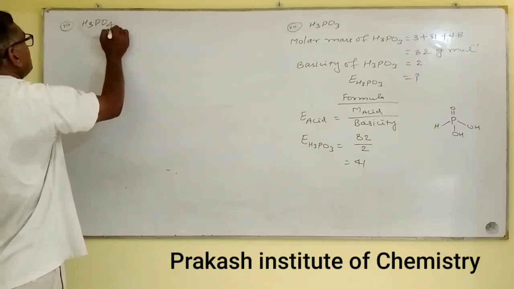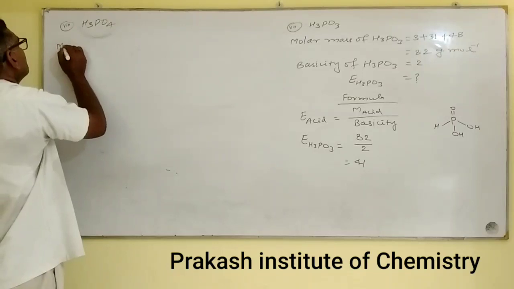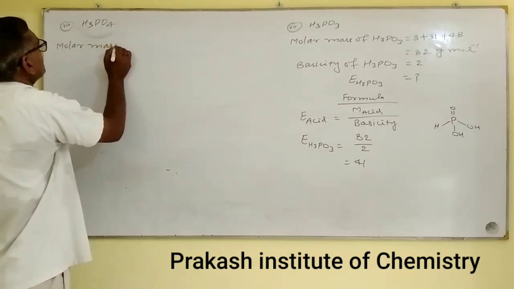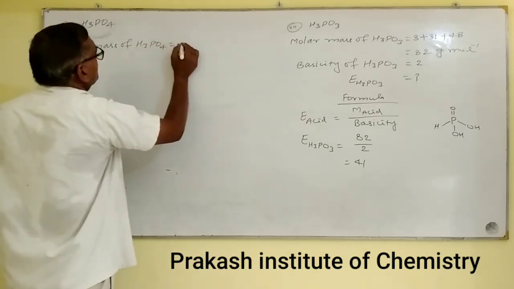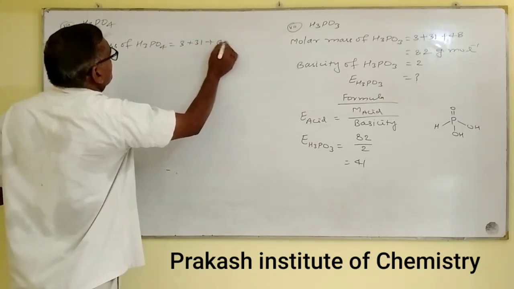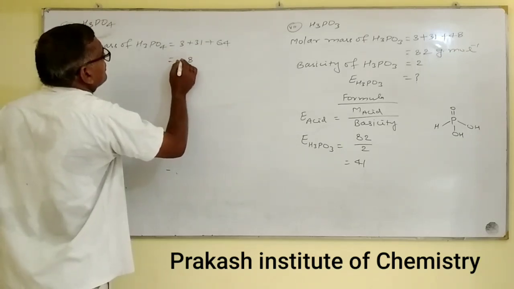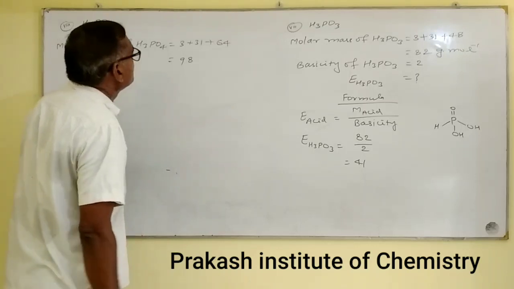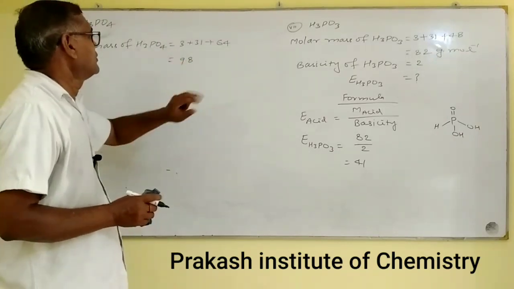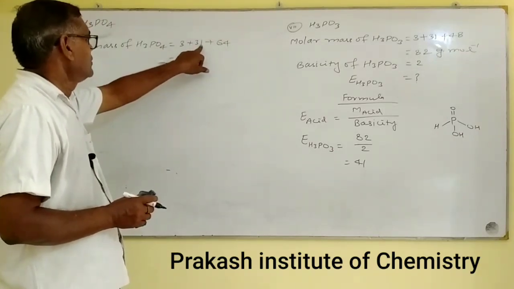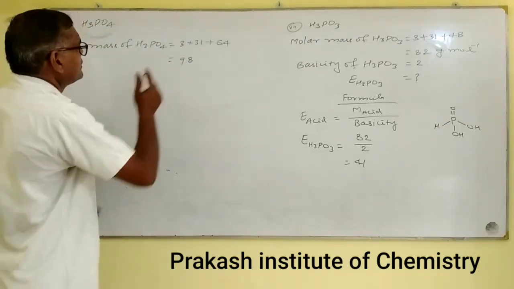Here we write H3PO4. Molar mass of H3PO4 is equal to 98.